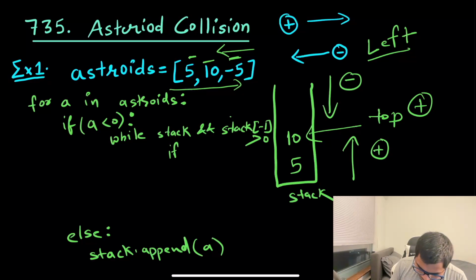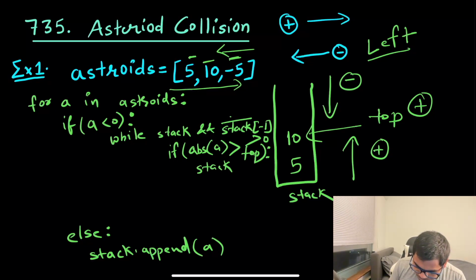If my current a, which is negative, so I'm going to take the absolute value of this, is greater than the top of my stack, this is my top by the way, then I'll pop the value with stack.pop.